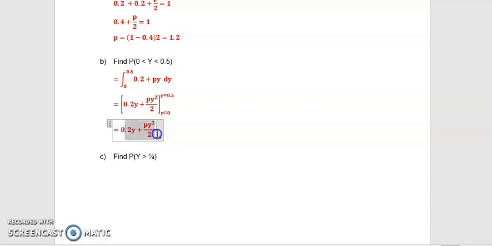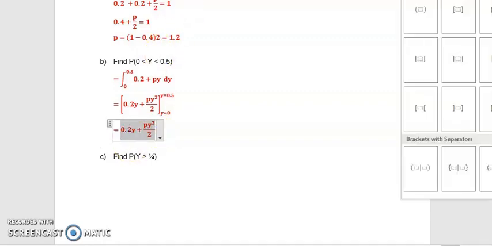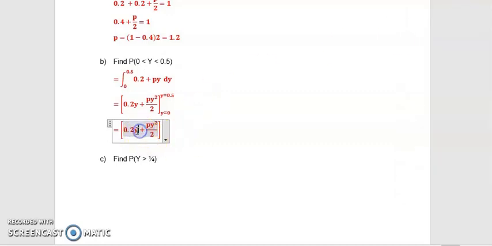So here substitute y equal to 0.5, we will get 0.5, then minus 0. Okay, so here when substitute y equal to 0, so 0.2 times 0, 0 power of 2, 0.